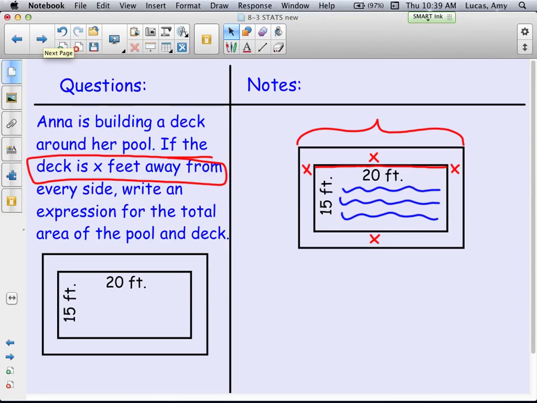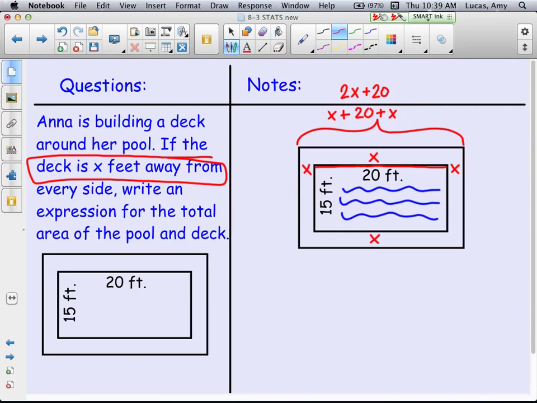So if I add that length, it's x plus 20 plus x, which is the same as 2x plus 20. Hopefully you follow.